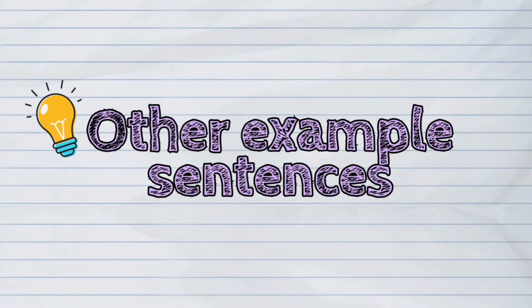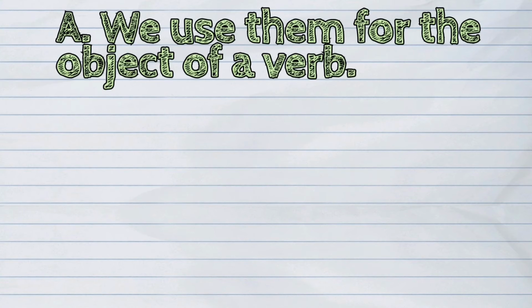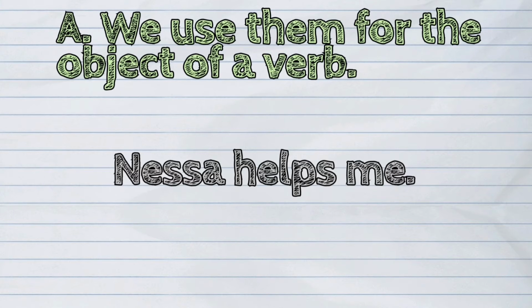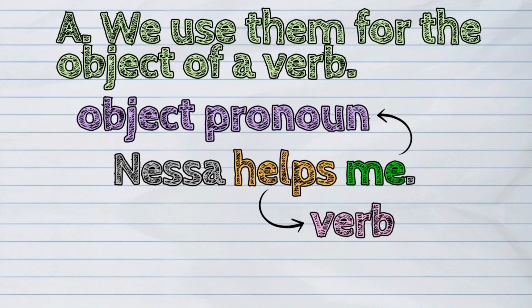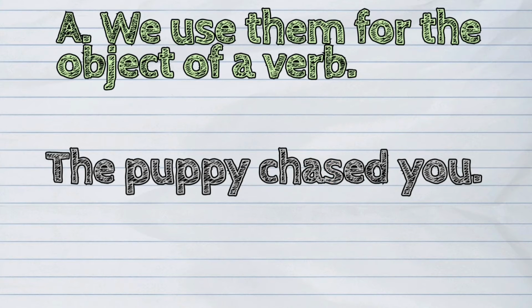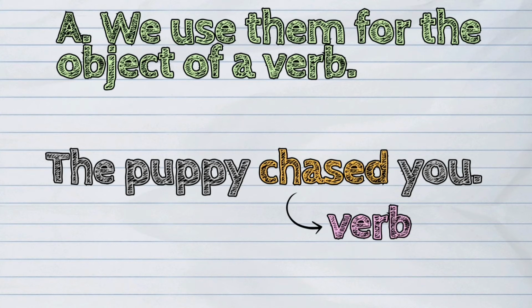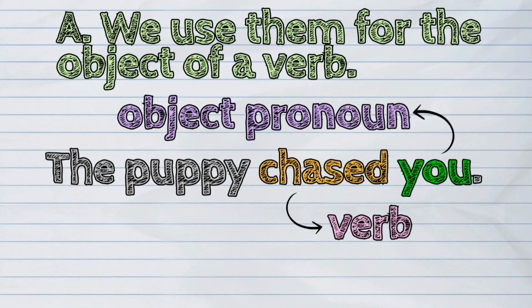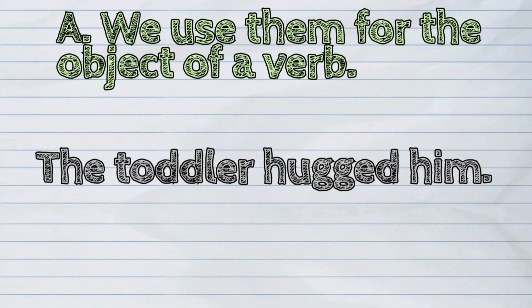Here are other example sentences. First, we use them for the object of a verb. Examples: Nessa helps me. The puppy chased you. The toddler hugged him.